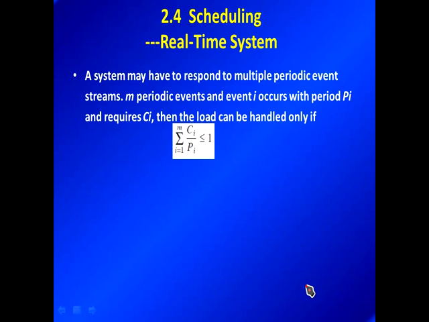So suppose there are m periodic events in the system, and each event i occurs with period Pi. This event can be viewed as a process, and this process requires Ci to execute its instructions.